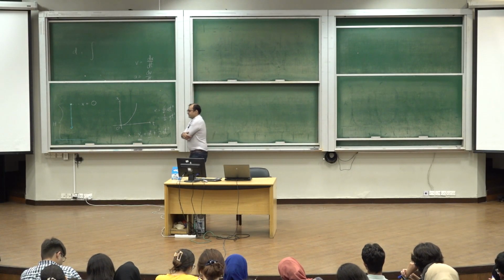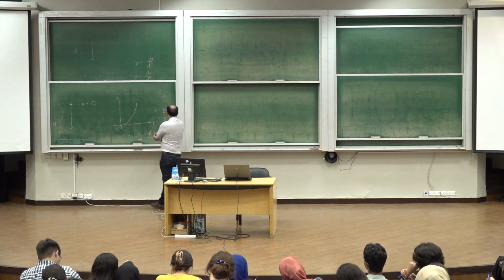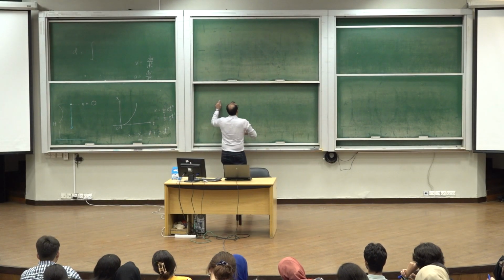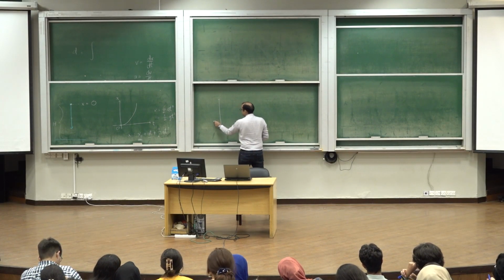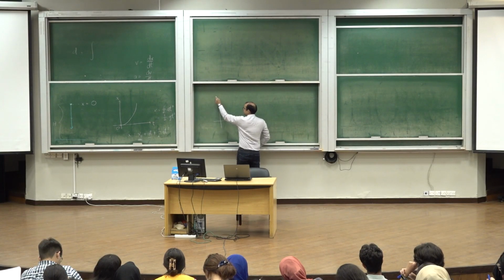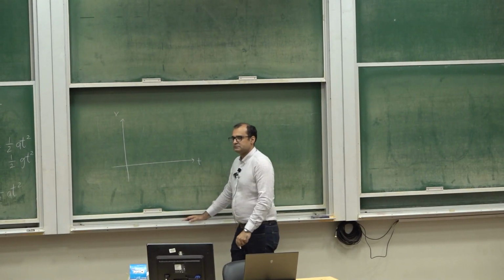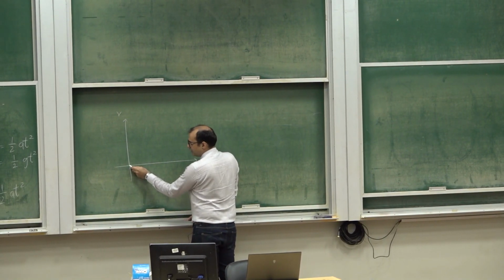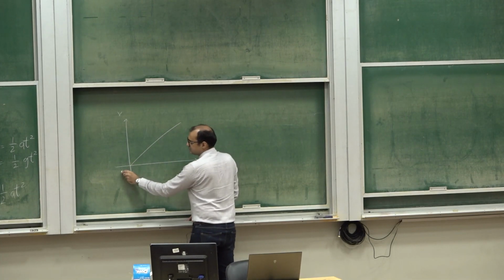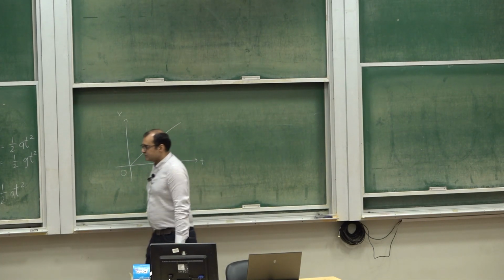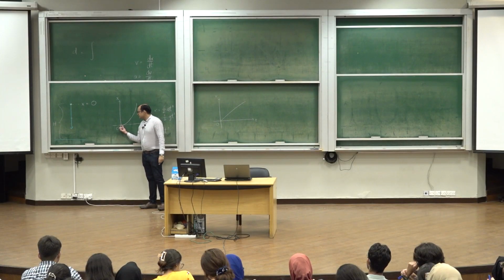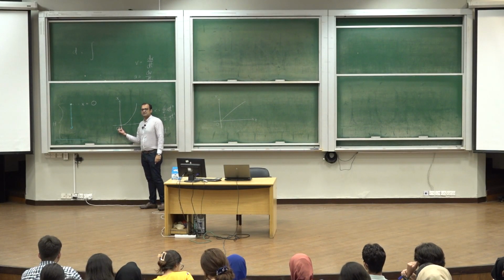Okay, so if I now ask you what's the graph of the velocity versus time of this falling object, what do you plot? You just draw a straight line through the origin. By the way, notice over here I made this graph pretty much flat near the origin.